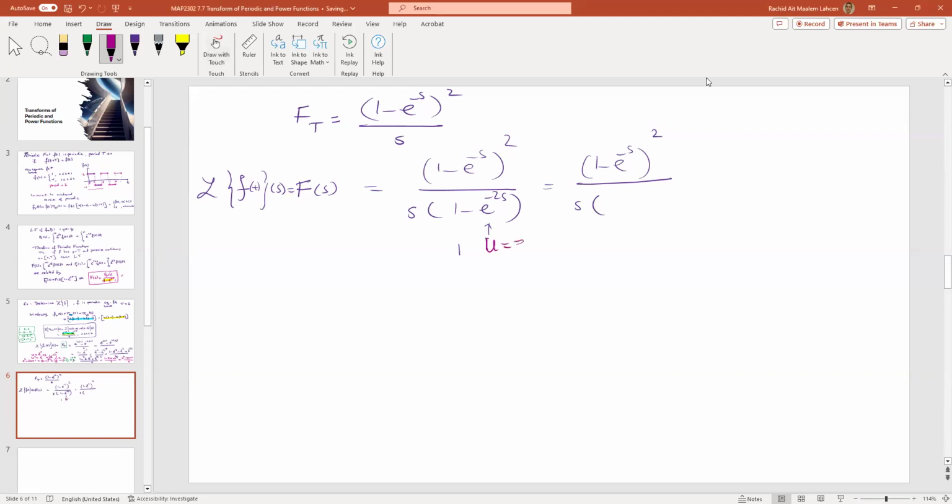If we use that idea again, we know that this is 1 minus that, right? And we know from difference of squares that this is 1 minus u times 1 plus u. So I can write this as 1 minus e to the negative s times 1 plus e to the negative s.